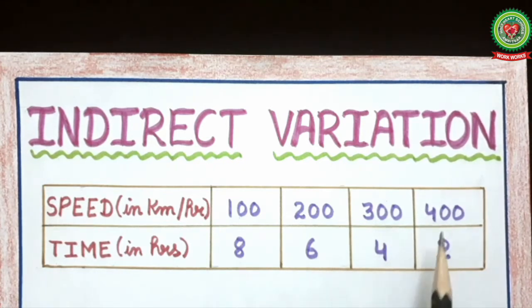And for 400, it is 2. Now, you all are observing here that on increasing the speed, time decreases. So these type of situations in which increase in one quantity results in the corresponding decrease in another is termed as indirect variation.